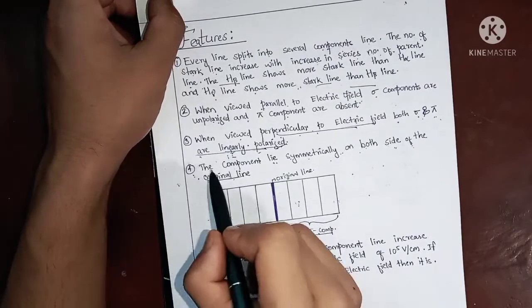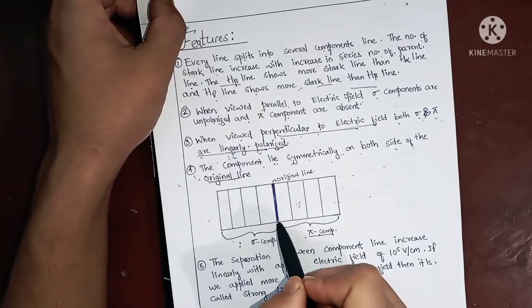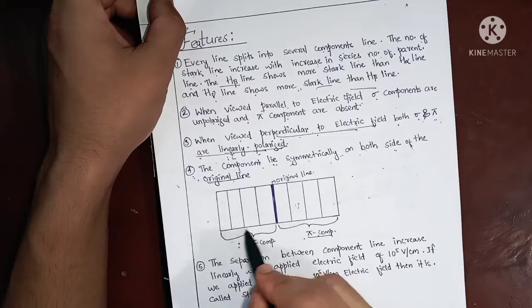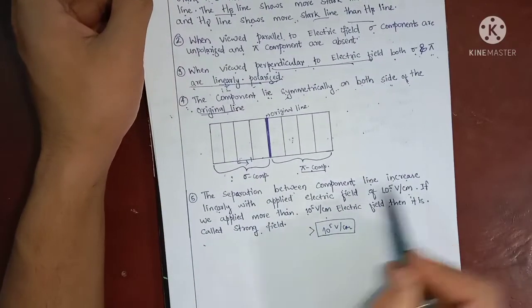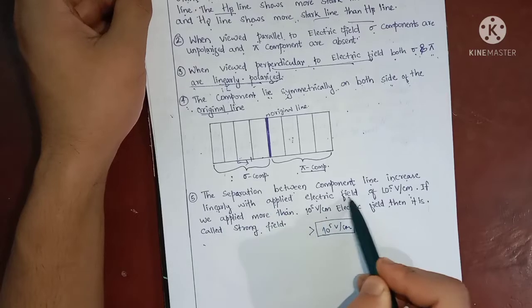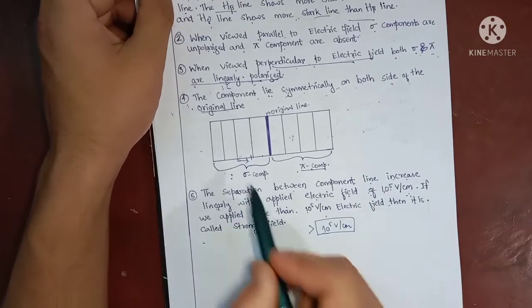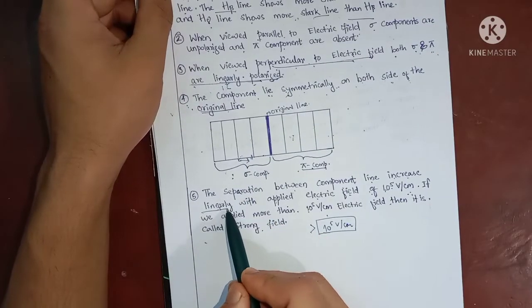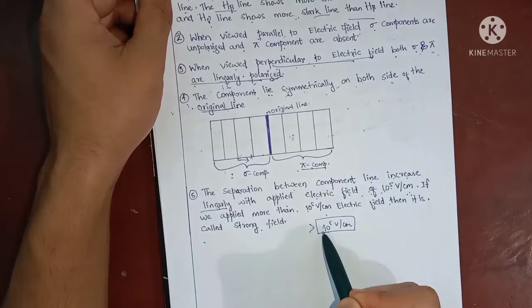So if we see the splitting component lines, they lie symmetrically, which means they give a definite pattern of the spectral line. The separation between component lines increases linearly with the applied electric field up to 10 to the power 5 volt per centimeter.